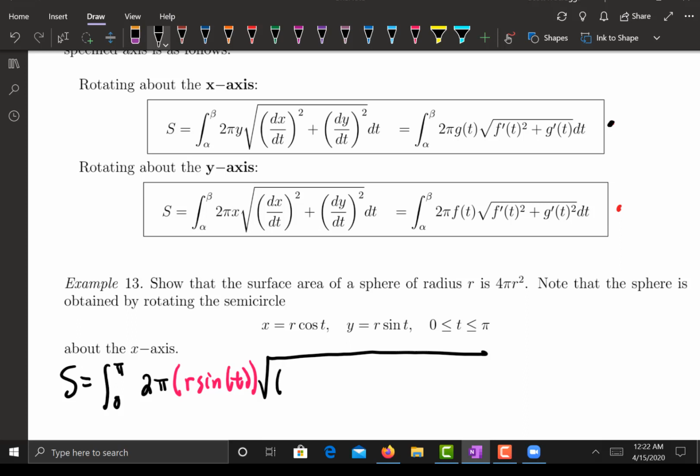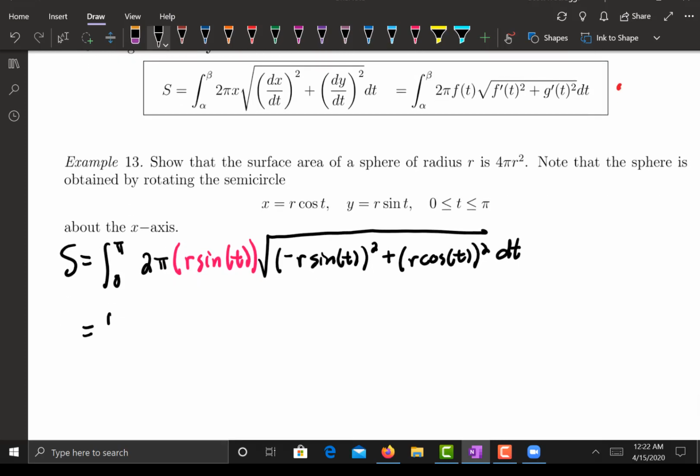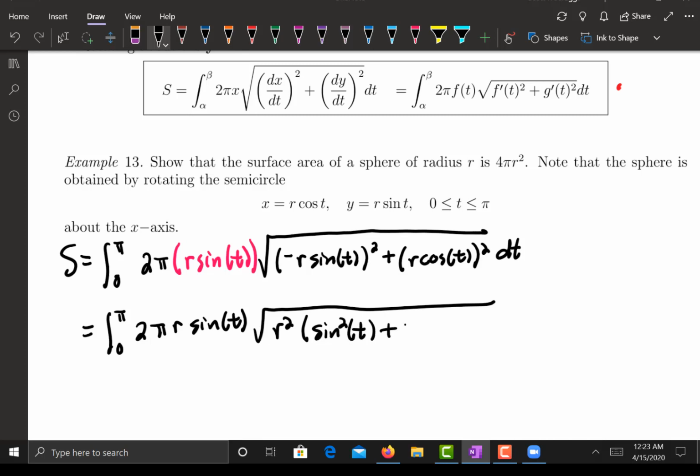The derivative of cosine is negative sine, so minus r sine of t squared, plus the derivative with the variable y, so r times cosine of t squared, dt. That's the integral from 0 to pi of 2 pi r times sine of t times r squared, and I get that for both terms, so sine squared of t plus cosine squared of t after I factor out the r squared.